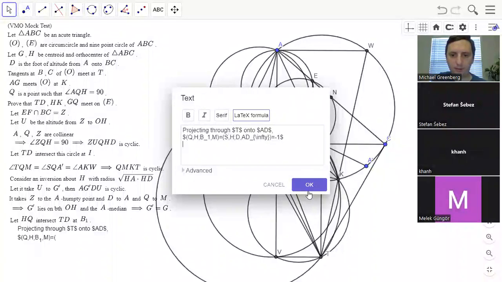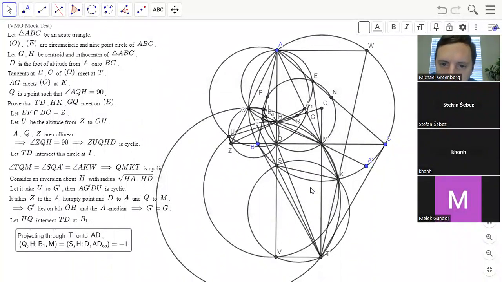And that means that E, F, B1, and Z are collinear.